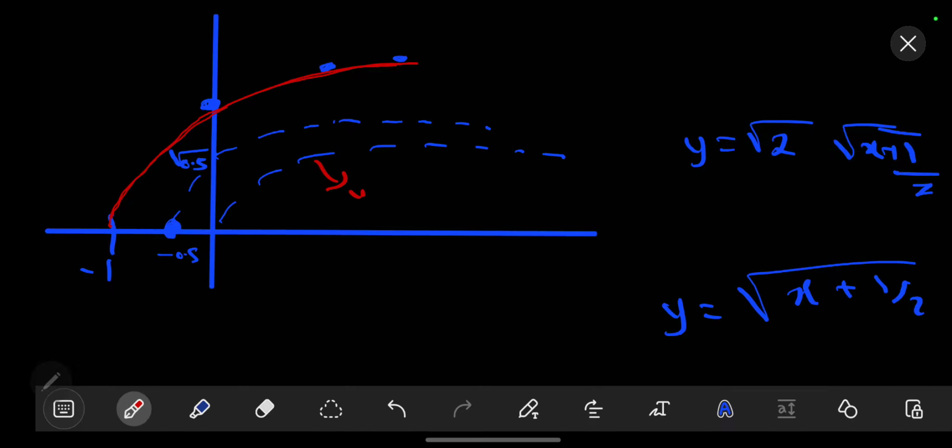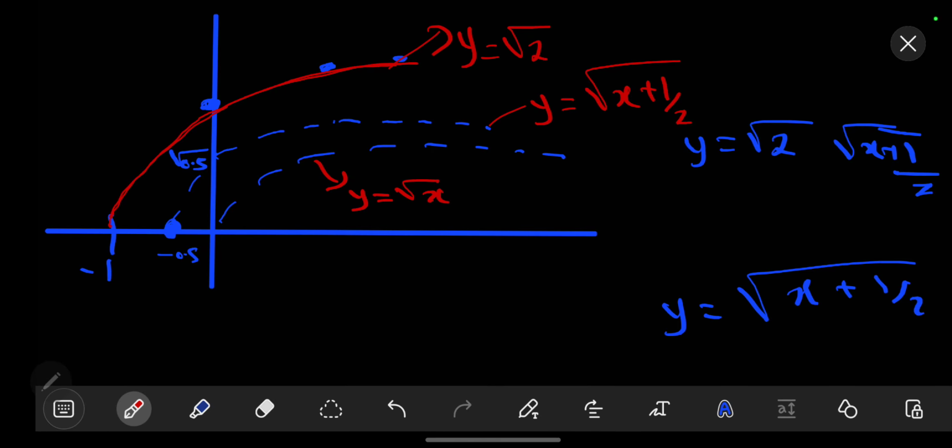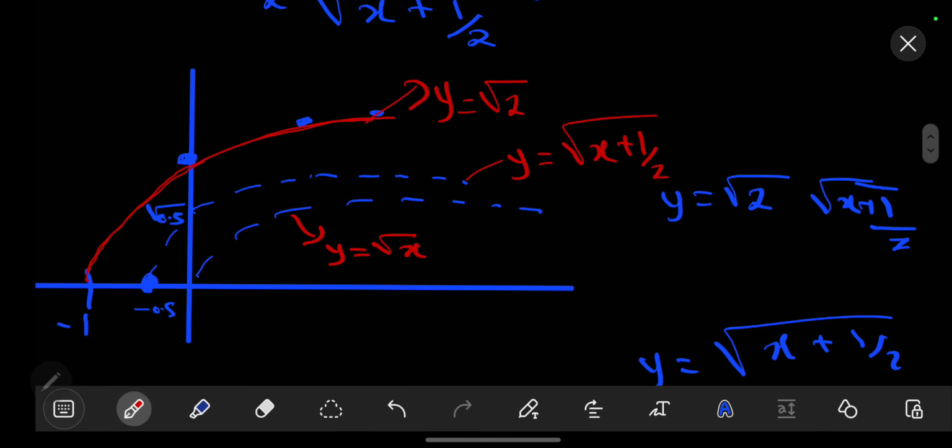This one was our y equals the square root of x. This one was our y equals the square root of x plus half. The last one, which is our final graph, is y equals the square root of 2 times the square root of x plus 1 over 2.